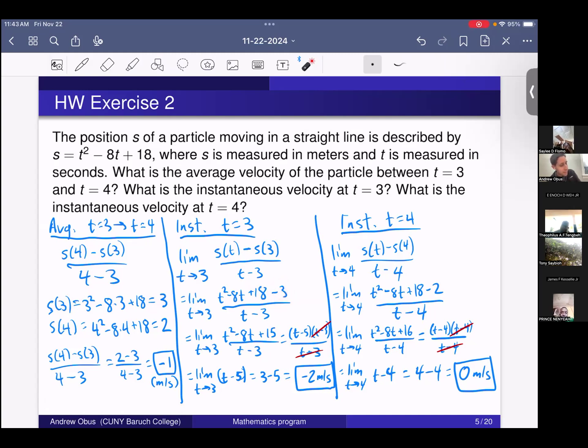Whereas over here, it's S of t, which is still t squared minus 8t plus 18, but now you're subtracting S of 4, right? And S of 4 we calculated before is equal to 2. So here you're subtracting 2, whereas here you're subtracting 3. And so that's why at t equals 3, you get this 15, but at t equals 4, you get this 16, okay? Because you're subtracting a different position. You have the position at 3 versus the position at 4. Is that clear? Yeah. Okay.